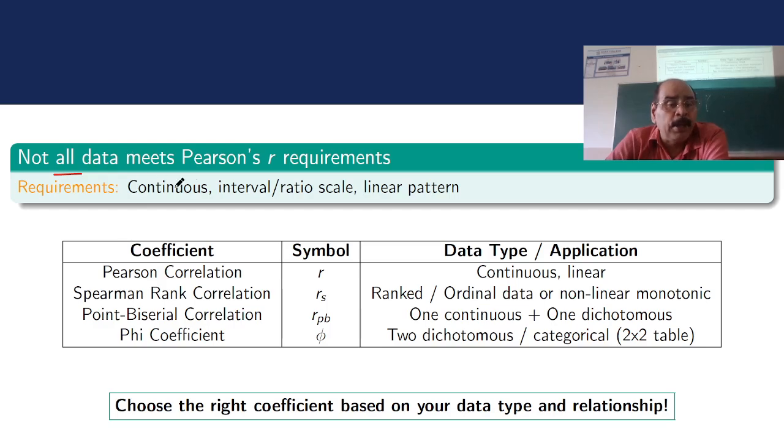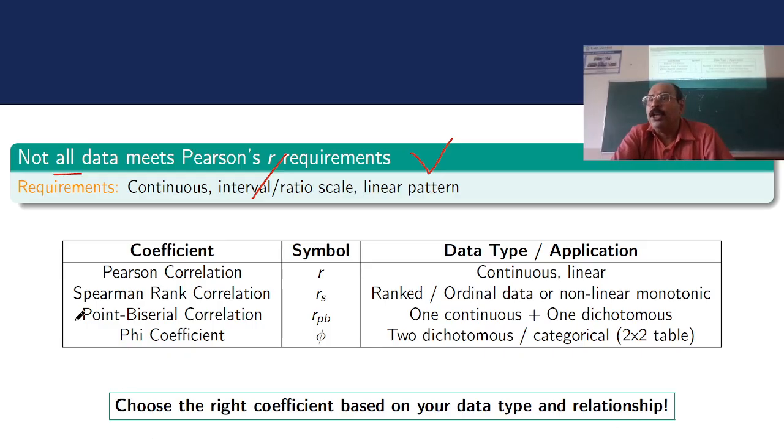Not all data meets Pearson's requirements. You know that we have nominal data, interval, ratio scale, and ordinal data, etc. If data is continuous, has a linear pattern, and lies between interval and ratio, you can really use Pearson's, but not in all other cases.